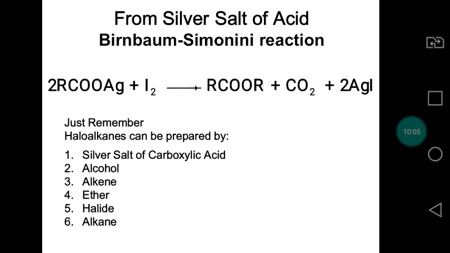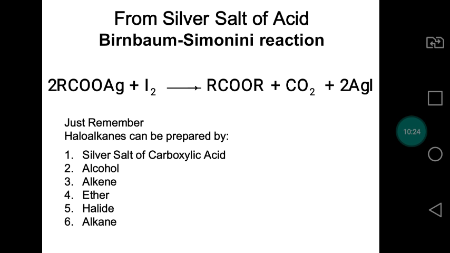From all the above slides, just remember, haloalkanes can be prepared from the silver salt of carboxylic acid, from alcohol, from alkene, from ether, from halide, and from alkane. The silver salt of carboxylic acid reaction is known as Hunsdiecker.